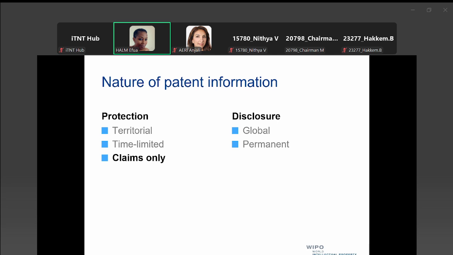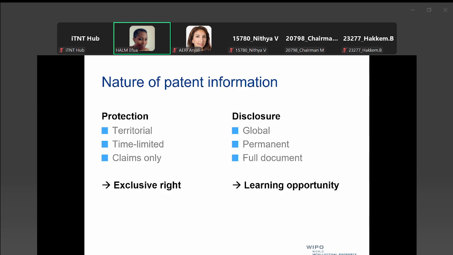So the protection lane is only to do with the claims. However, for disclosure, we're dealing with the full document. So it's not just the claims that are applicable for the information that is provided in the patent document. It is every piece of information that comes out from the full disclosure in the patent document.